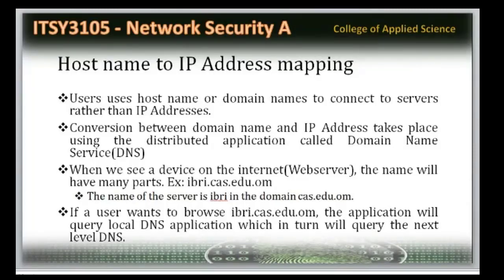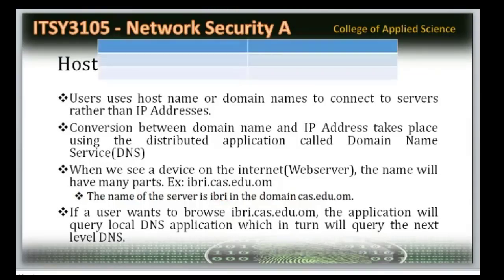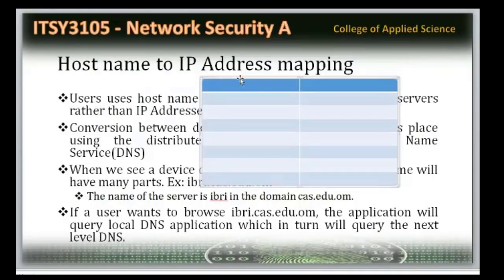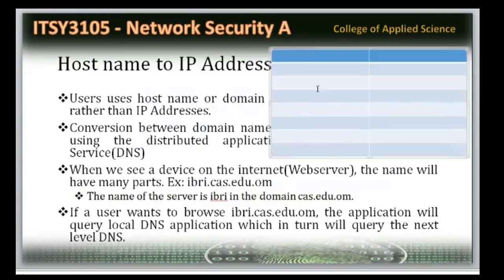So what is that? We cannot keep all the domain names and everything in our mind, so we depend on a machine. The name of the machine is the DNS machine.